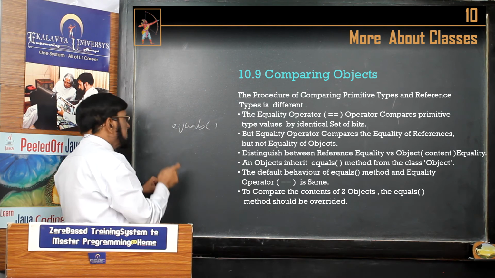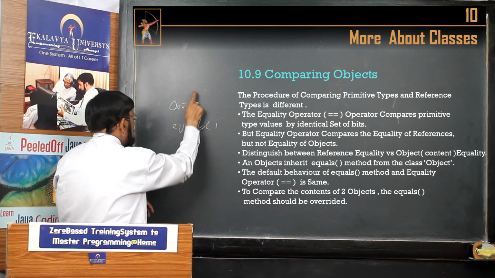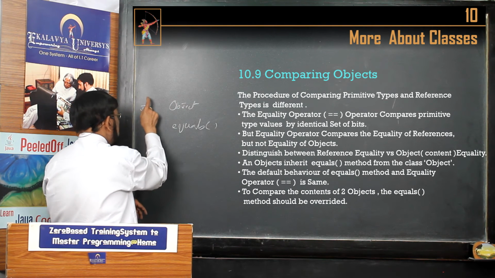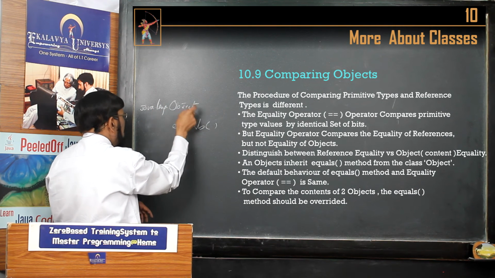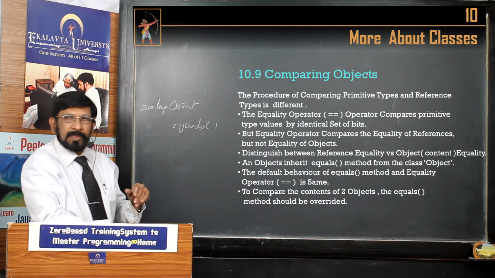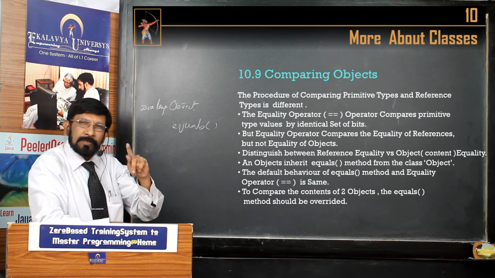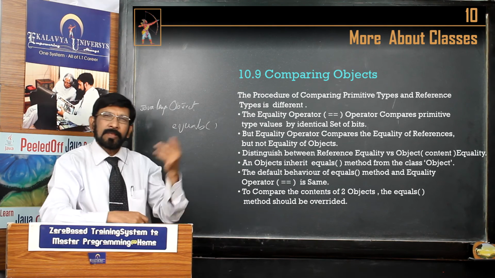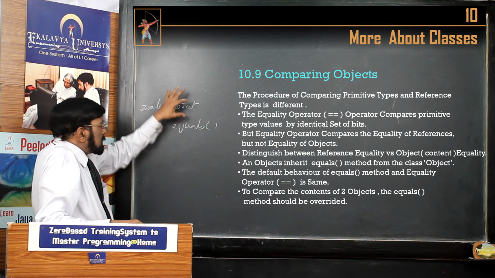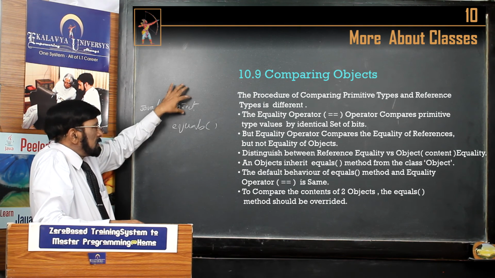Actually, the equals method belongs to the Object class. Already in the previous concepts I explained to you, java.lang.Object is a class. It is at the top of all Java classes. That means all Java classes, whether they are standard library classes or user defined classes, are inherited from it.